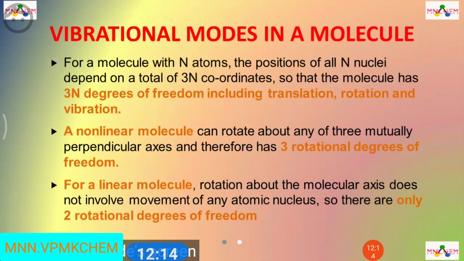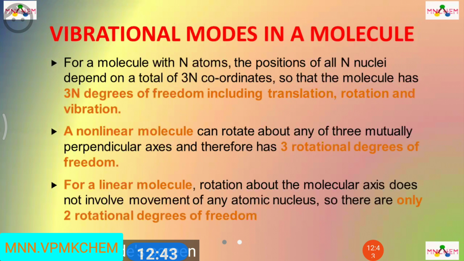Next and very important point is vibrational modes in a molecule. For every molecule having n atoms, the positions of all n nuclei depend on a total of 3n coordinates. That is, a molecule has 3n degrees of freedom, including translational, rotational, and vibrational.